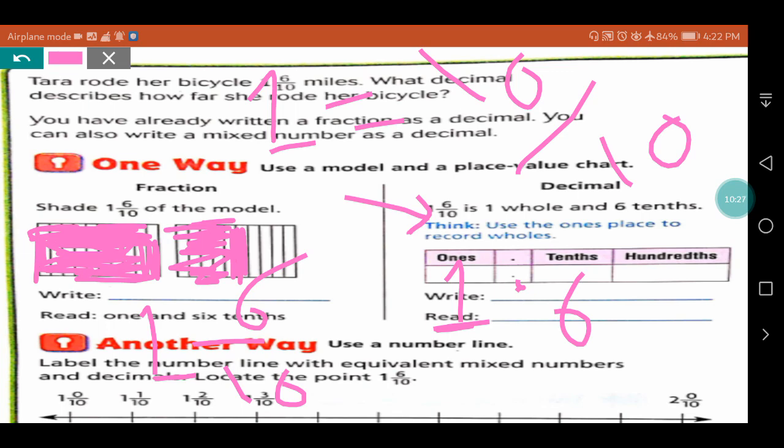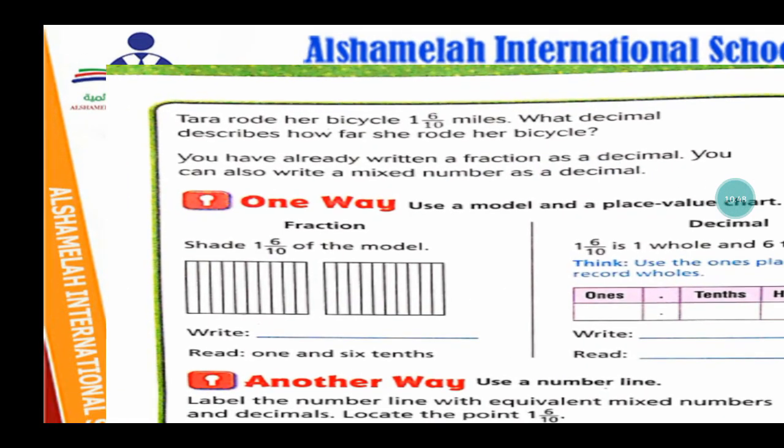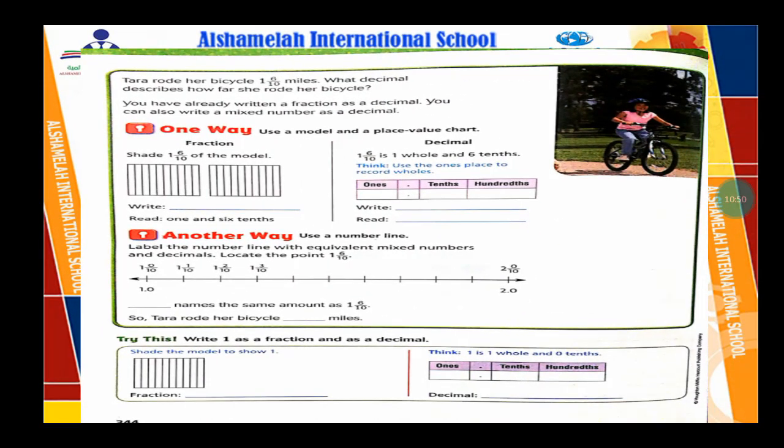We have only 1 as a denominator, then we write 6 at tenths. If we have another number, for example 64, then we write 4 at hundredths. This is our next lesson. Then your number is 1.6.